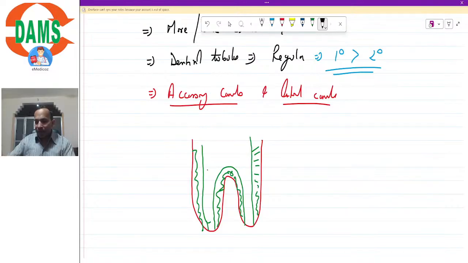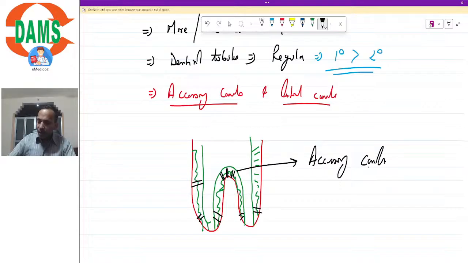Lateral canals, as the name implies, would be seen traveling lateral to the main pulp canal, whereas the accessory canals would be seen traveling almost parallel to the main pulp canal, right? So these are the accessory canals, which are usually seen in the furcation area, and these are the lateral canals.